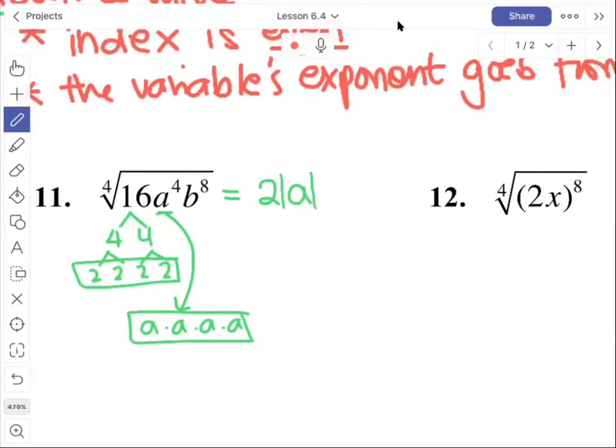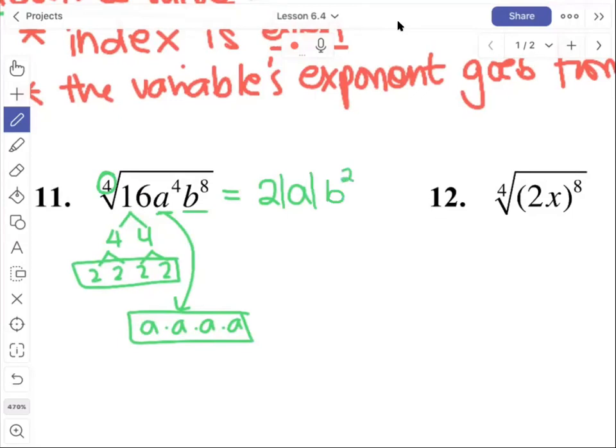Okay, try it again. B to the 8th. And by the way, here's a trick. To do the exponents with the variables, you just divide by that index. So 4 divided by 4 got me a to the 1. So b to the 8th, right? Take that exponent, divide by the index. What do we get? B squared? Good. Yes, that makes it a lot faster, right?